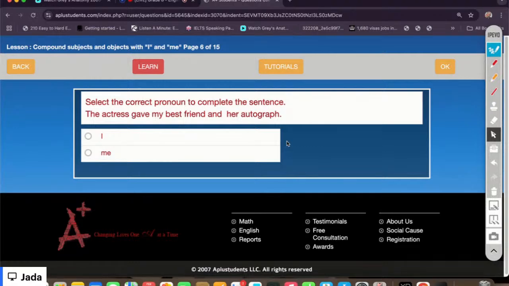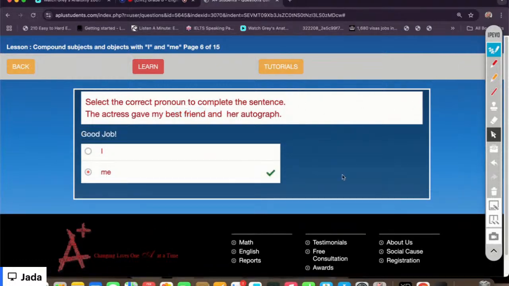The actress gave my best friend and blank her autograph. So I or me? My best friend and I, or my best friend and me? So you can say my best friend and me, because if you take away my best friend, it would be the actress gave me her autograph. So that's it.